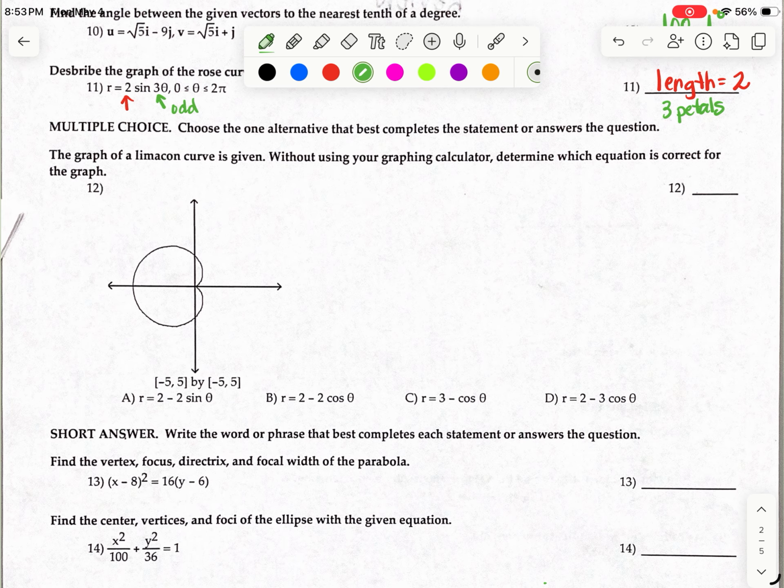Number 12 is going to be a limaçon, and your job is to figure out what the equation is. We're just matching it to the correct equation. I figured that would be the best thing to do on this one. Very similar to what we did whenever we had this test. So remember, here you can see sine and the cosines.